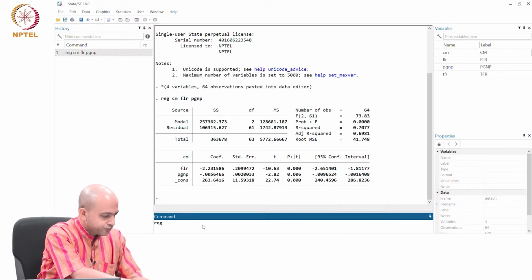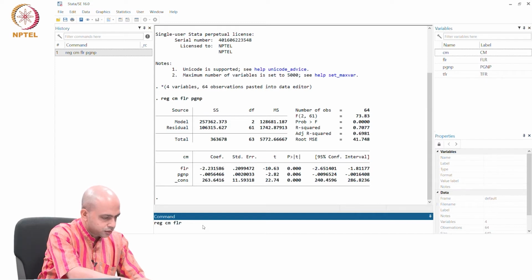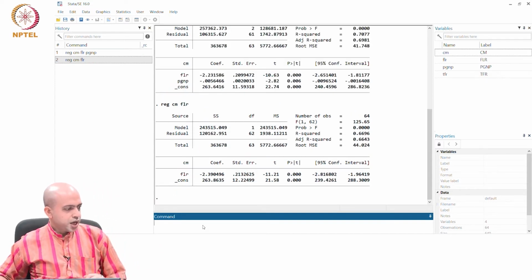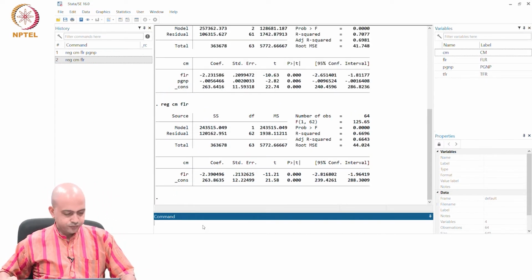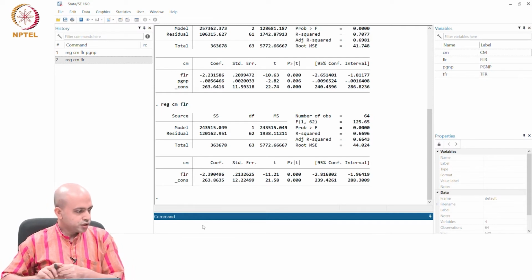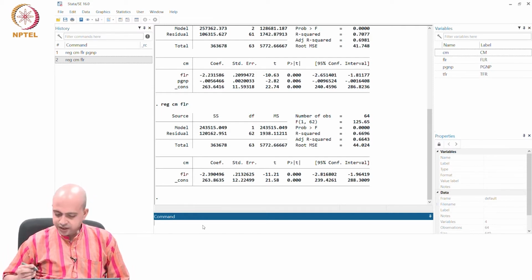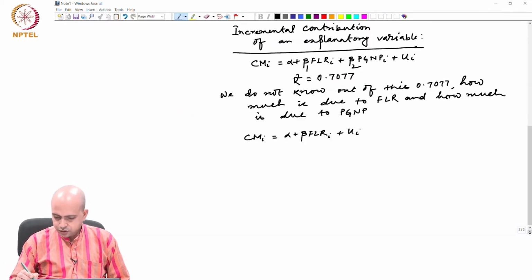So, reg CM and then FLR, this is the model, and your R square is 0.6696. So, from this model R square equals 0.669695.